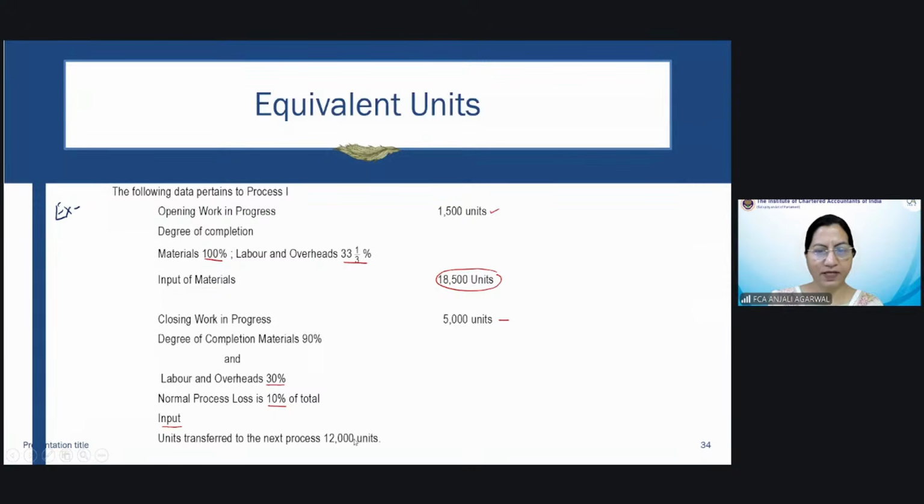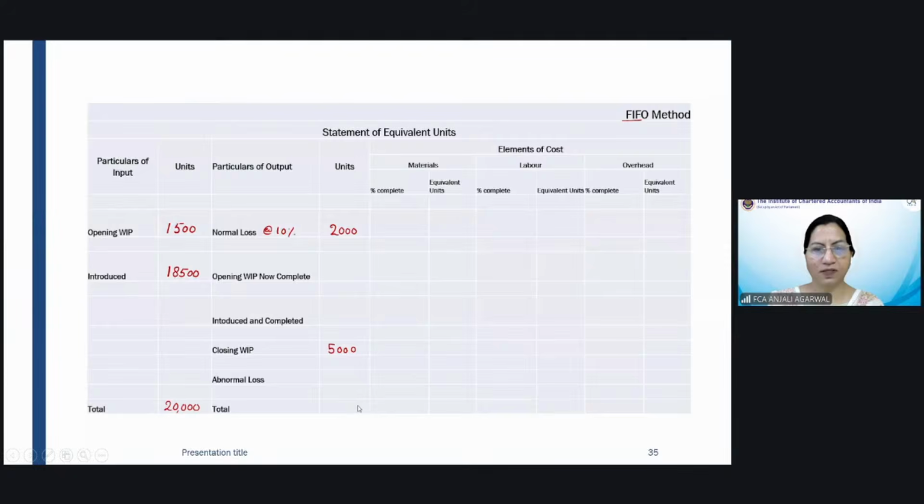Units transferred to the next process, 12,000. But because I am doing FIFO, I will bifurcate the 12,000 here itself. Opening WIP now complete 1500, transferred to next process, and introduced and completed, therefore, balancing figure of 10,500.